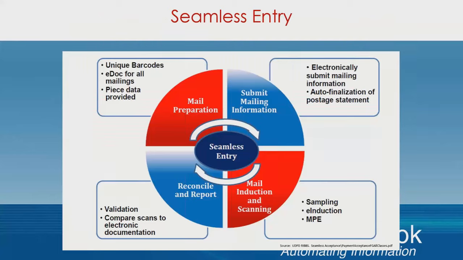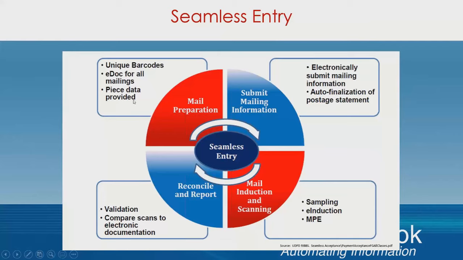So here's a quick visual overview of how Seamless Acceptance works. And as you can see by the square here in the upper left, it does require that you use unique barcodes and that you use electronic documentation for your mailings, and that you provide piece data.